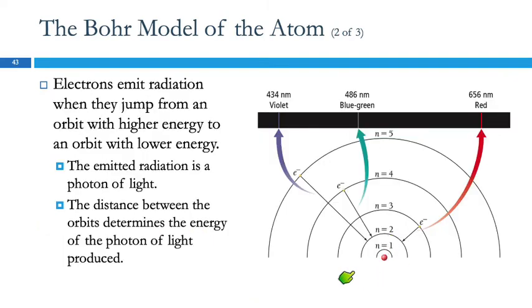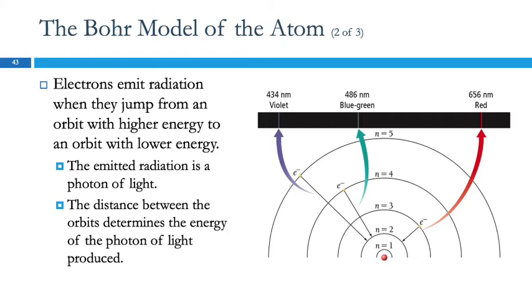So imagine that these circles keep going around. They're not half circles. So here's the nucleus, and here's the first level, the second level, the third, the fourth, and the fifth. So these are the orbits that are possible for electrons.